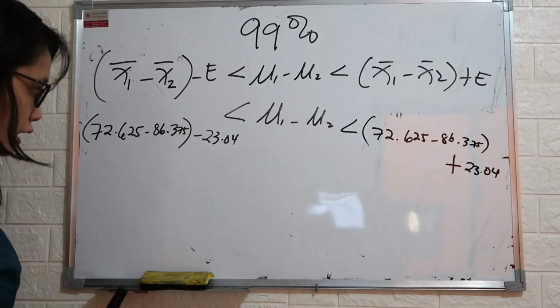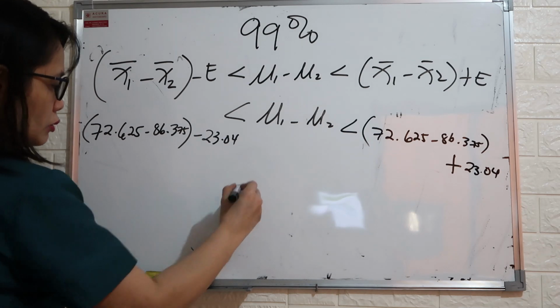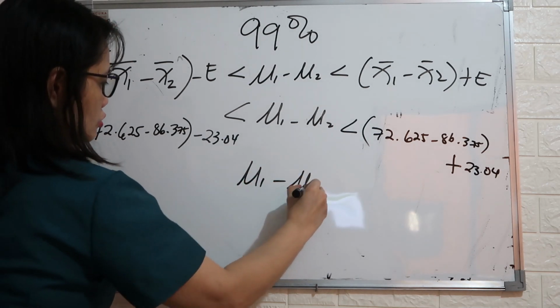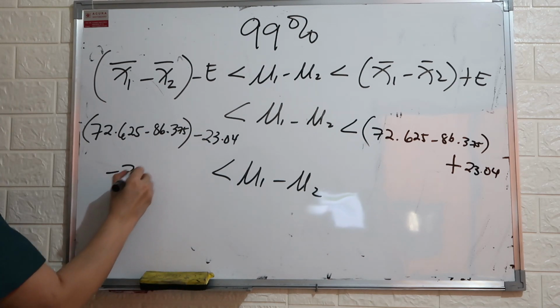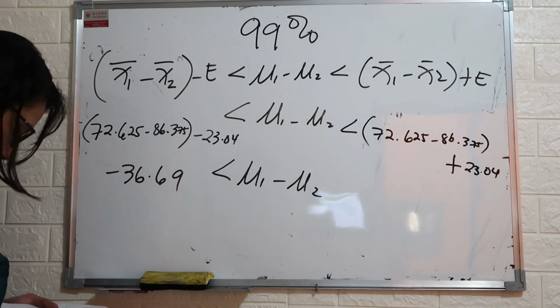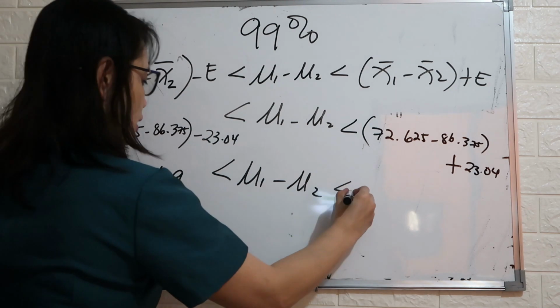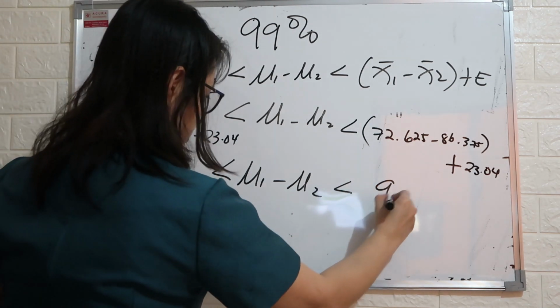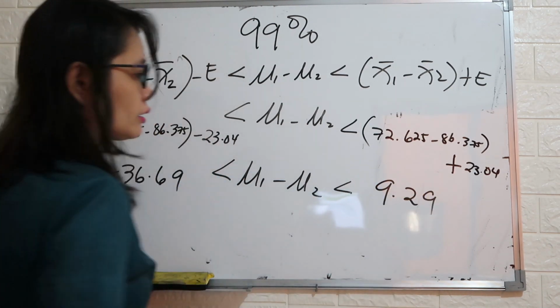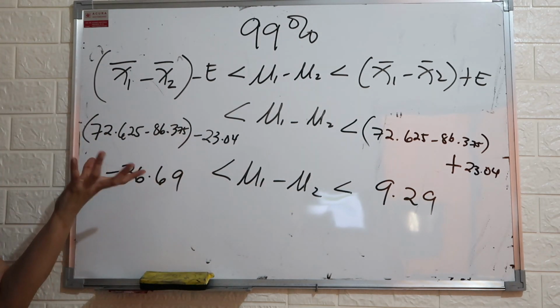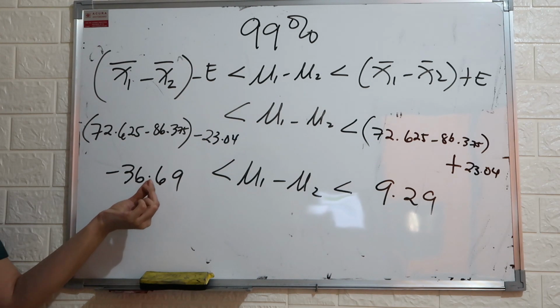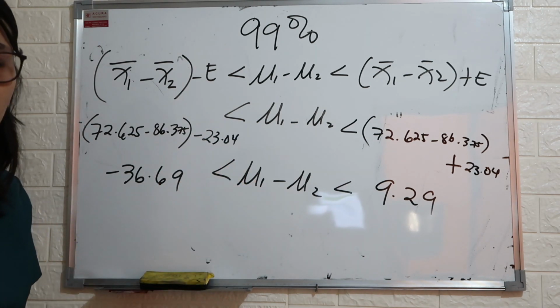So therefore, mu1 minus mu2 is greater than the difference of 36.69 but less than the difference of 9.29. So mu1 minus mu2, you're referring to the difference of 36.69 and the difference of 9.29.